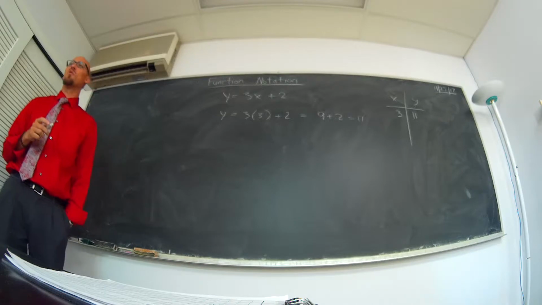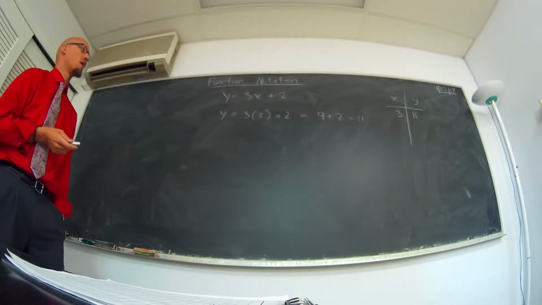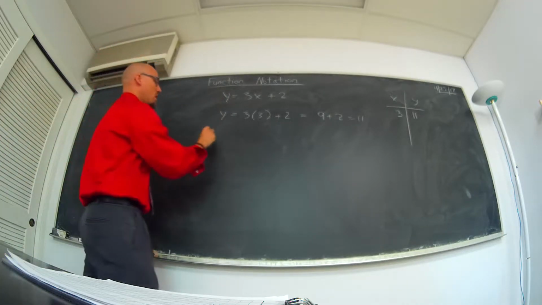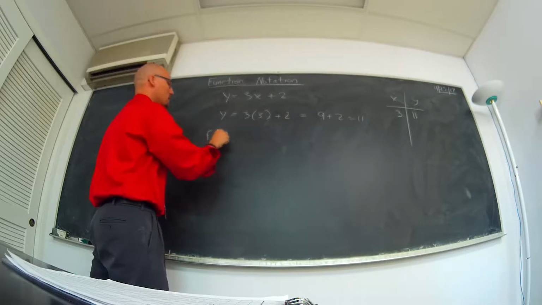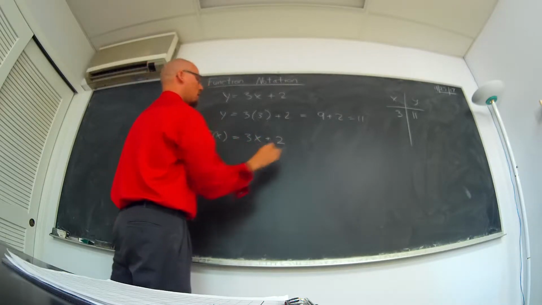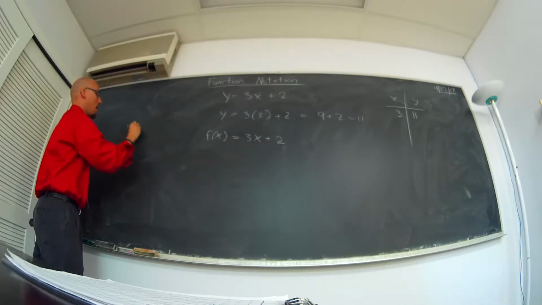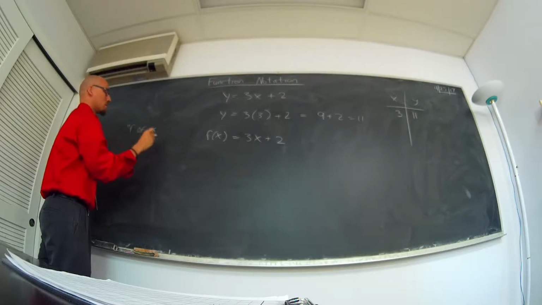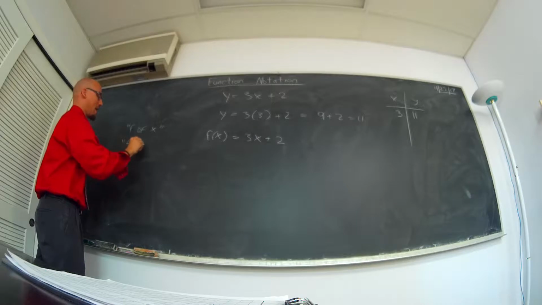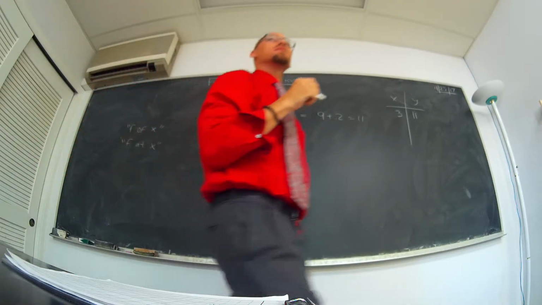A guy named Leonhard Euler came up with this thing called Euler notation, or function notation, where he said instead of writing y equals stuff, we can write f of x equals stuff. The way we pronounce this is f of x, or some people even say f at x. f is the name of a function.